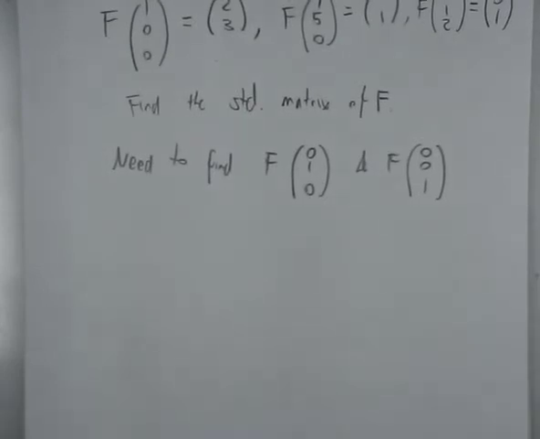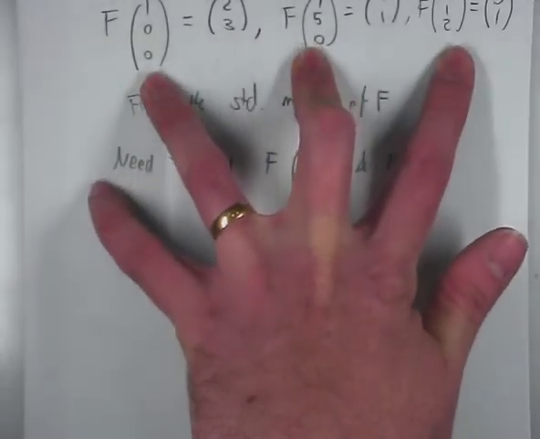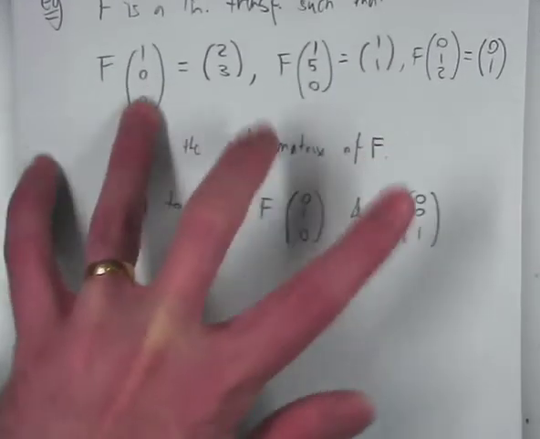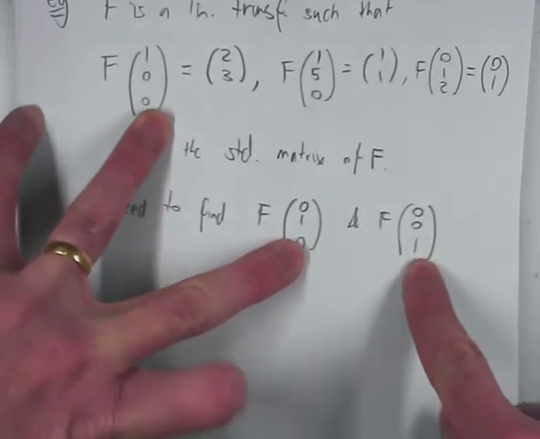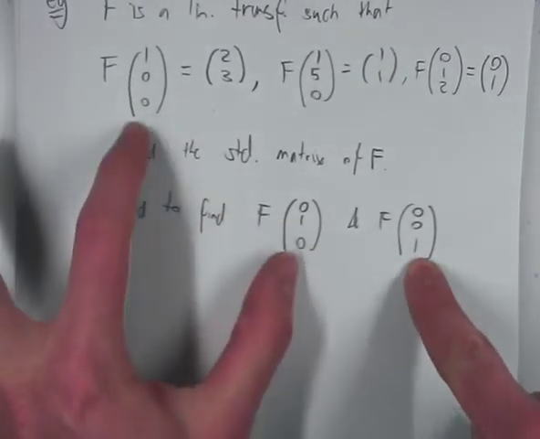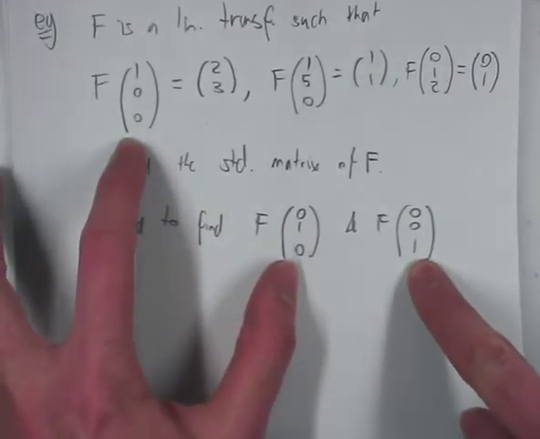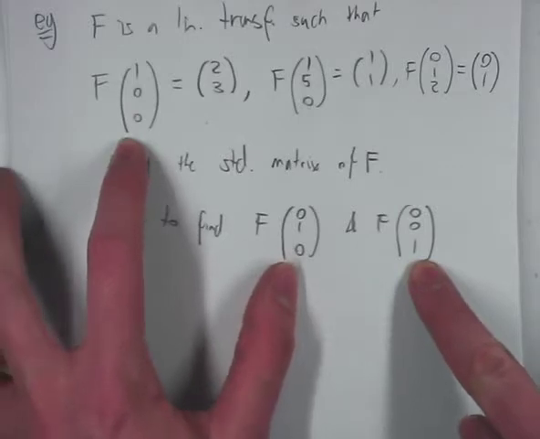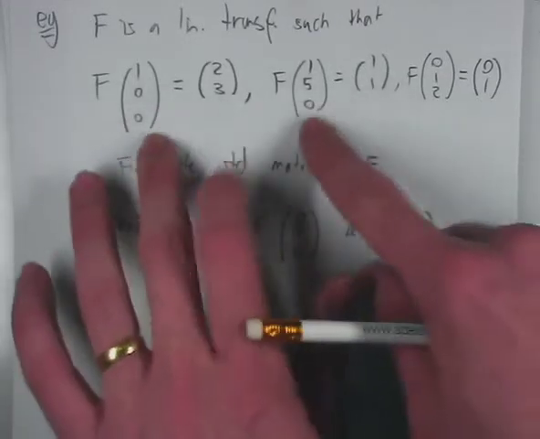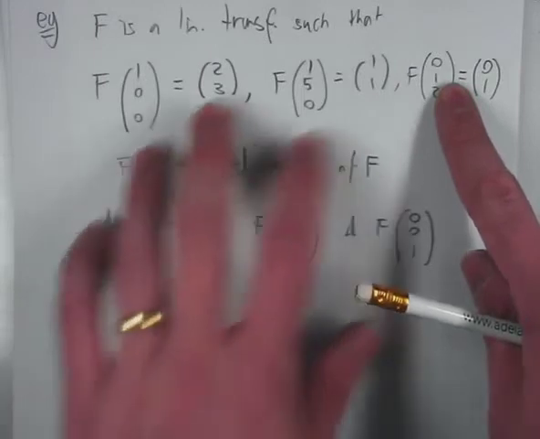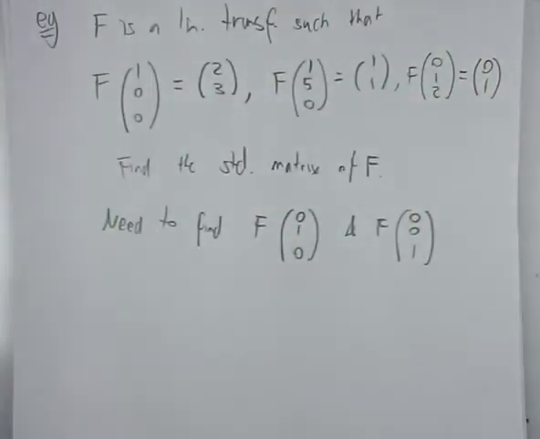Okay? There is another way of doing this. We want to take these three vectors and do some combination of them to produce those three vectors. And that same combination of these inputs, we want to do on the outputs and it will produce the answers that we want.